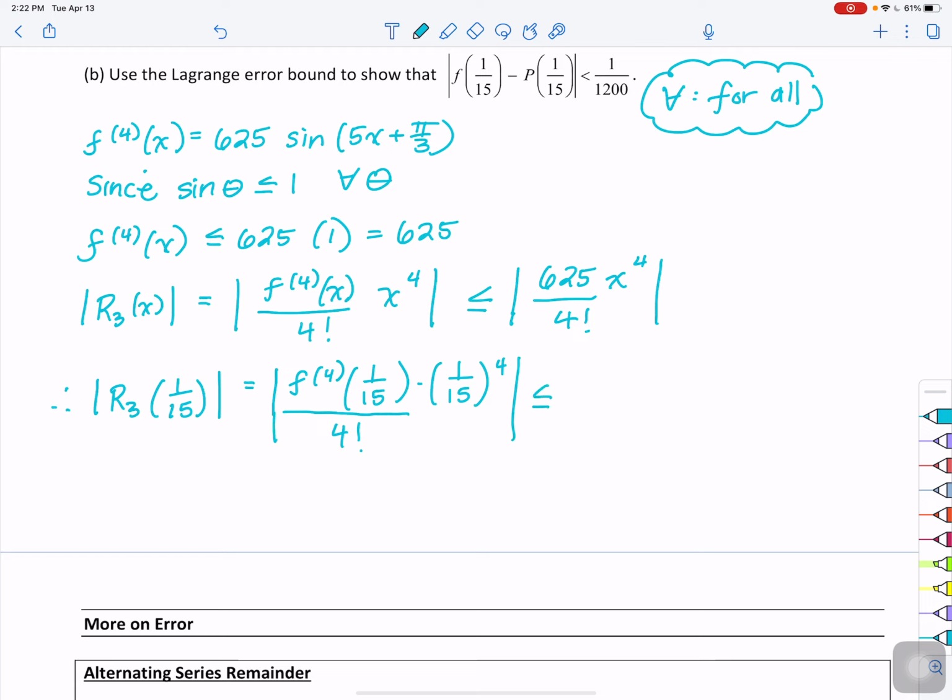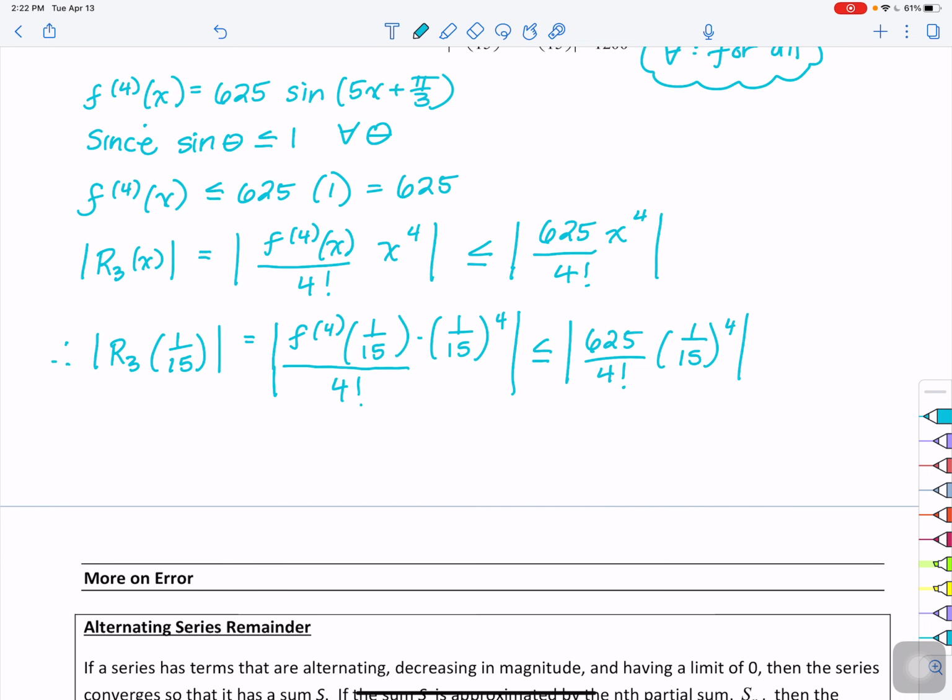And here it is less than or equal to 625 divided by 4 factorial times 1/15 to the fourth power. And actually, if you work this out, that is equal to 1 over 1944.